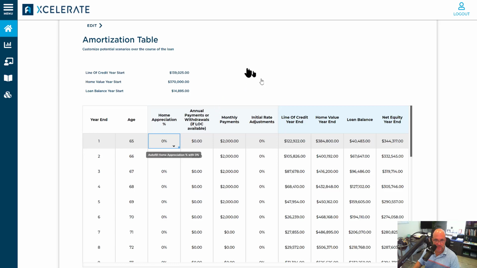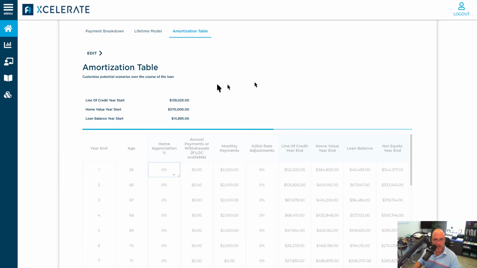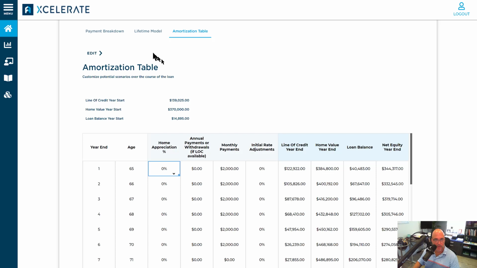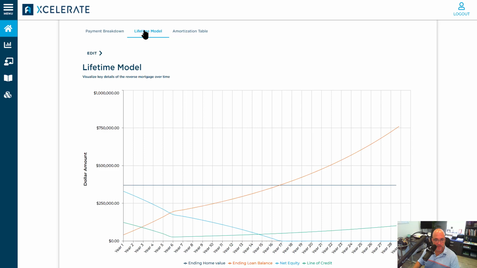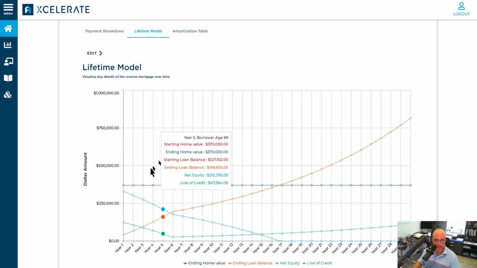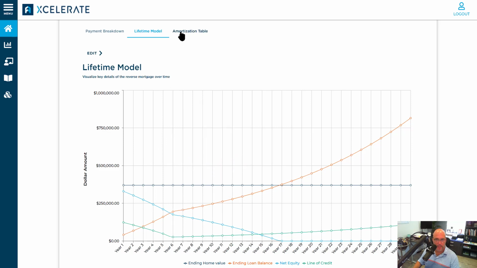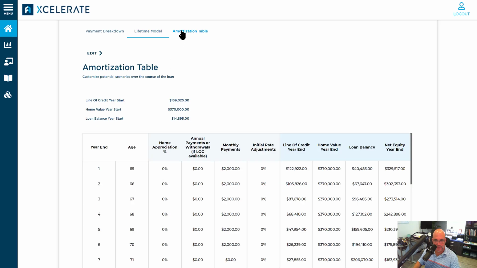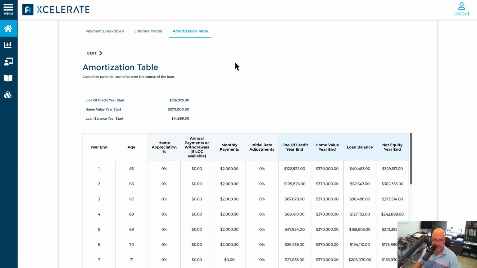I like to show this just because a lot of times people think there's a correlation between the growing line of credit and the home value or the home's appreciation. And there isn't any. For instance, all of this would happen the exact same way if the home value stayed flat. So I'll print all of this out as well, but just like to show that it's protection, obviously a super big hedge against inflation and property depreciation. So it puts the customer in a much safer position by putting this in place.